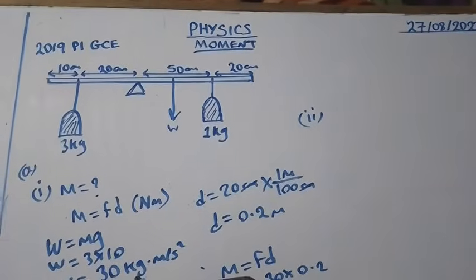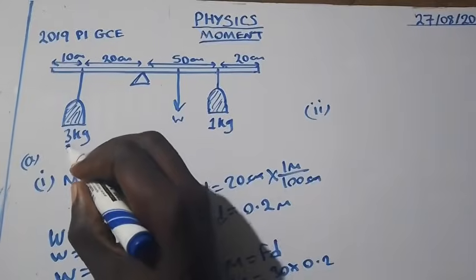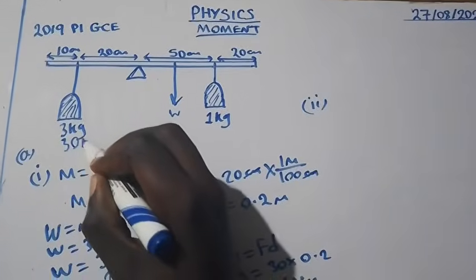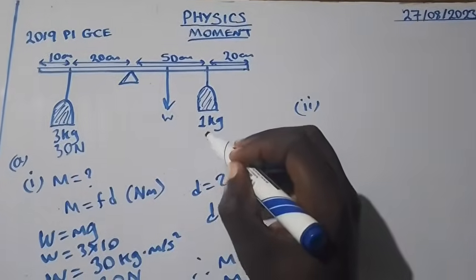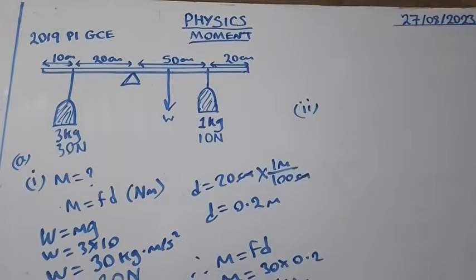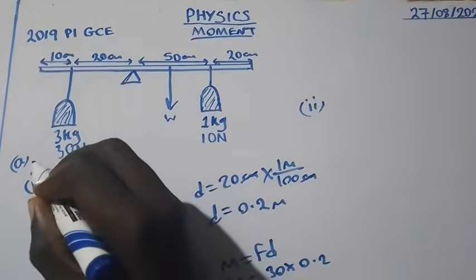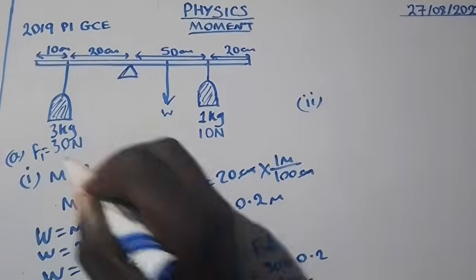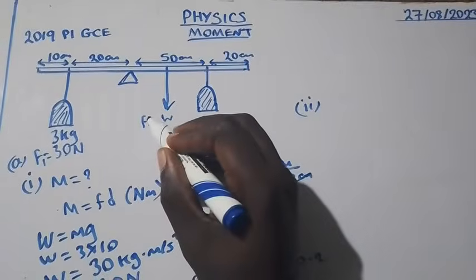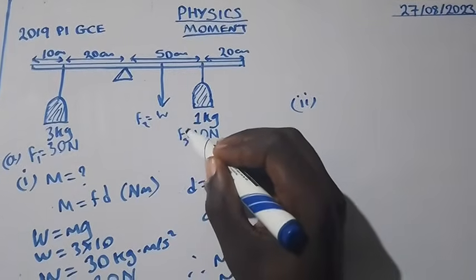So since we have converted this one into newtons, which is 30 newtons, we need also to convert this one, which is going to be 10 newtons. So we are going to label this force as force 1. Then this will be our force 2. Then we have force 3.